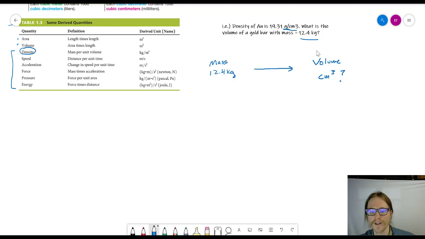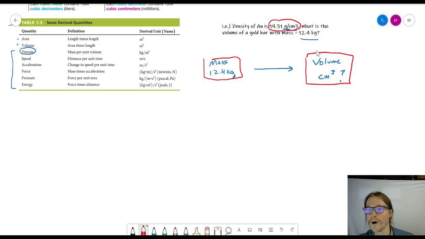And so we need to figure out how to go between these two quantities, mass and volume. And the conversion factor here is going to be this thing that has a derived unit that includes both of these quantities. So we've got some mass per volume, right? So mass and volume. This is our conversion factor.